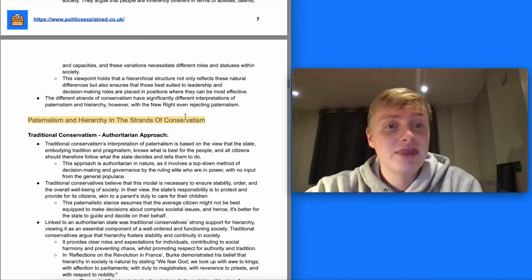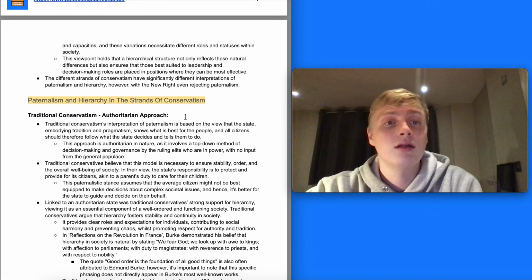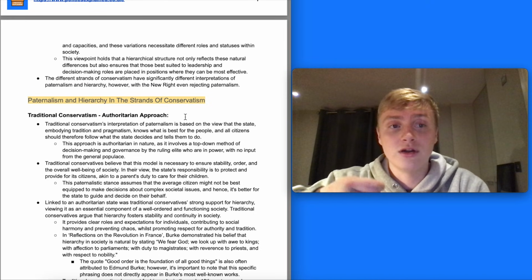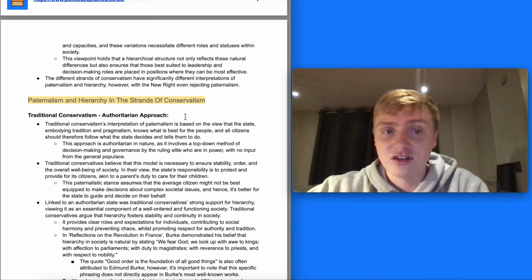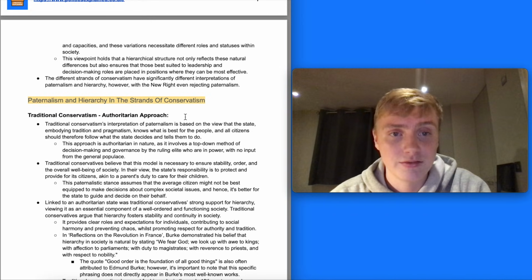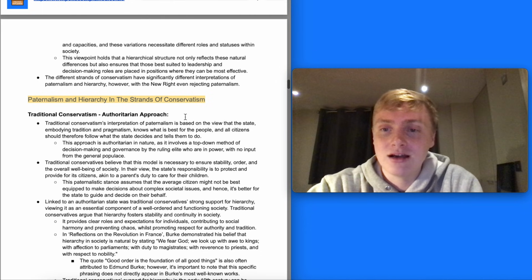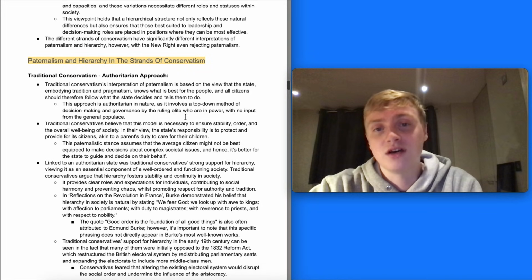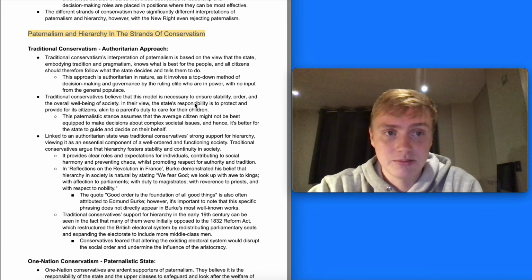This hierarchical structure doesn't only reflect these natural differences, but also ensures that those best suited to leadership and decision-making roles are in positions where they can be most effective. But as we'll look at, I think there's a significant amount of disagreement in relation to paternalism and hierarchy within the strands of conservatism.